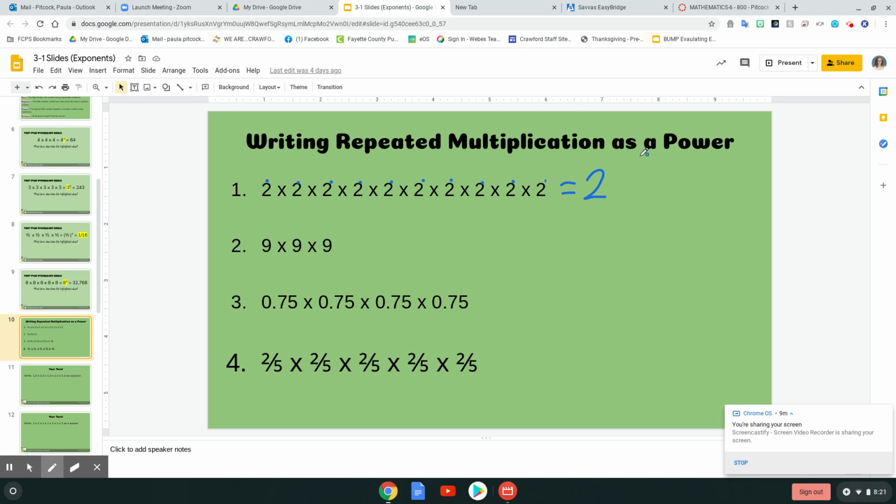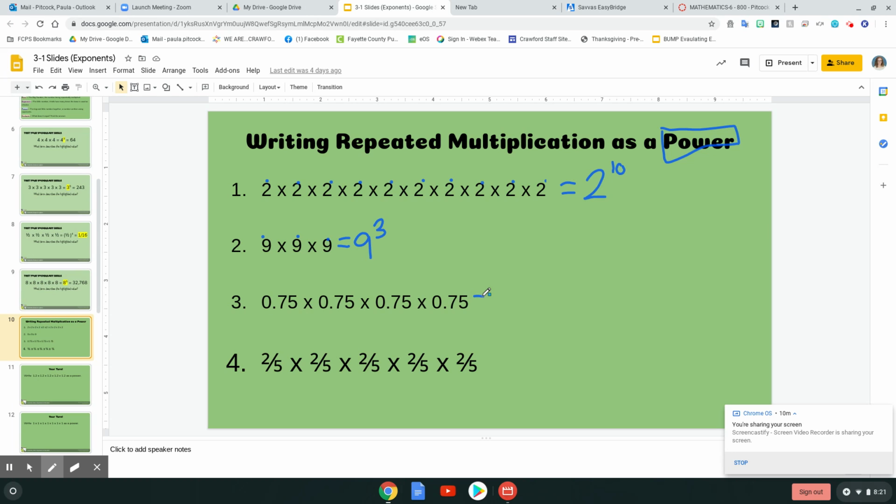I see it 10 times, so that is the little number known as the exponent. I just rewrote this as a power, the big and little number together. So this one, the number I see becomes my big number, my base. It shows up 1, 2, 3 times. So my exponent, my little number, is a 3.